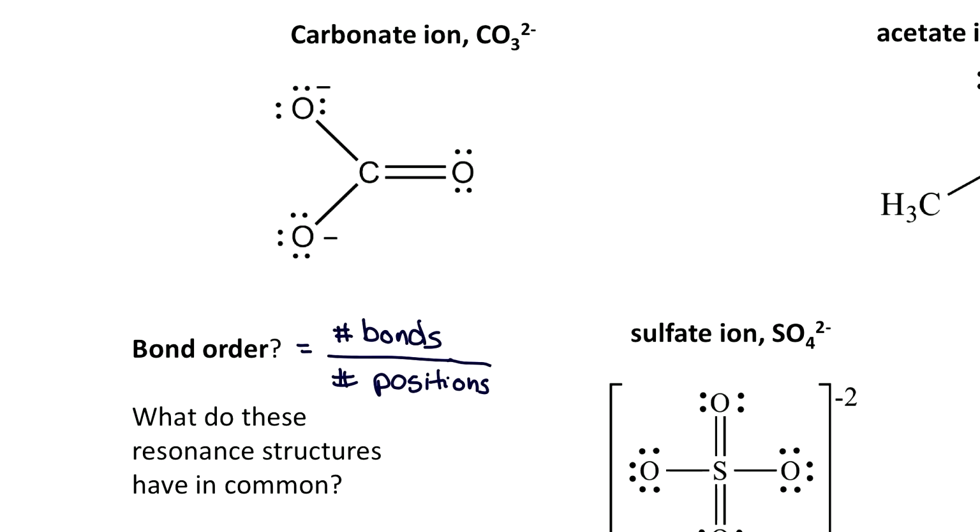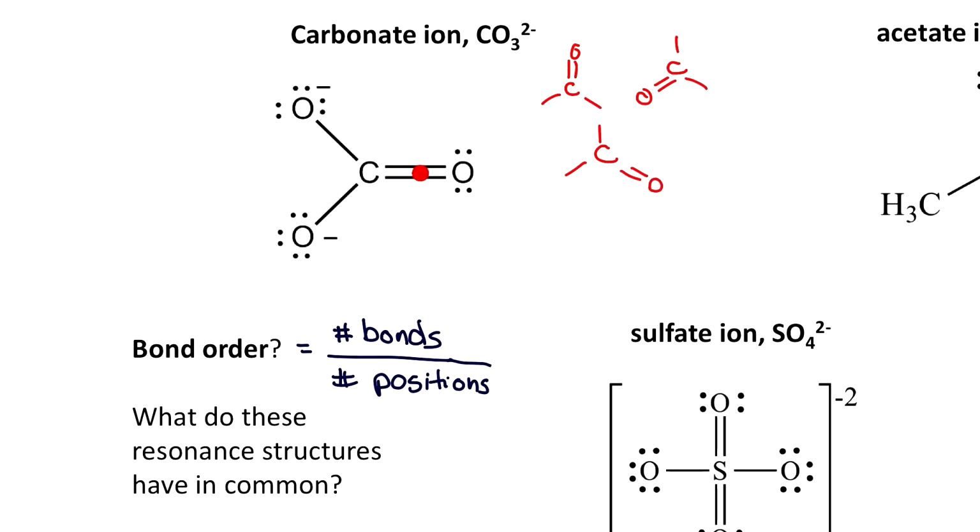Couldn't I make the double bond here instead and turn this into a single bond, or make the double bond here? There are 3 different ways that you can draw that carbonate ion. So we could have the double bond there, or here, or there. All 3 of those are equivalent.